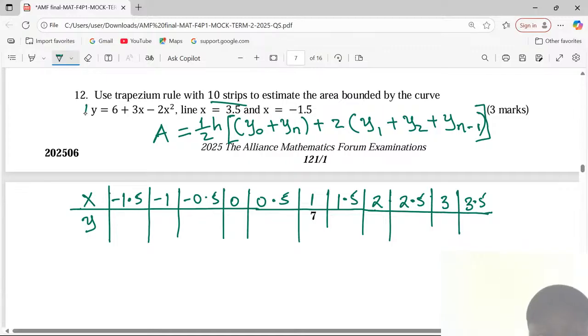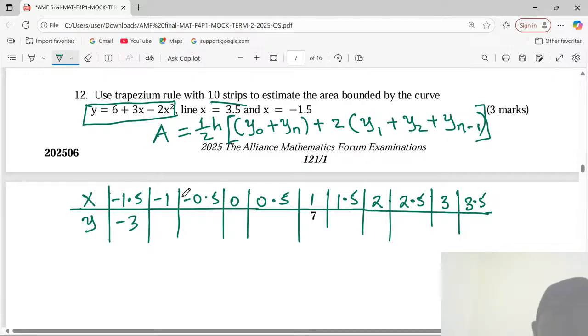We have the function here, which is going to give us the values of y. So 6 plus 3, you open brackets, negative 1.5, minus 2, you open brackets, negative 1.5 squared. That gives us negative 3. Then we use negative 1. 6 plus 3 into negative 1. You use your calculator very well. Minus 2, you open brackets, negative 1 squared.